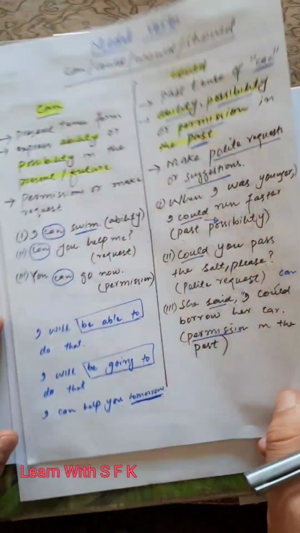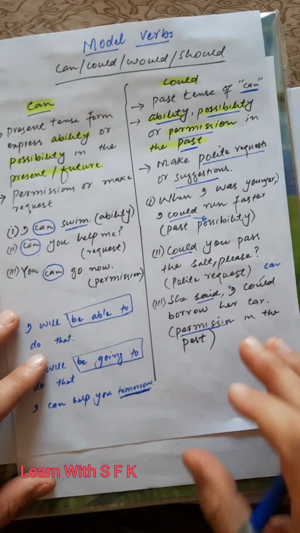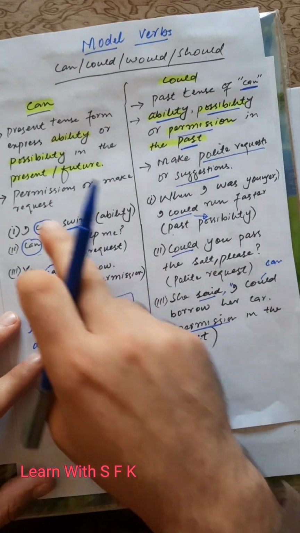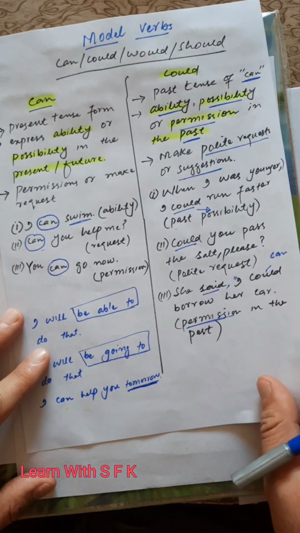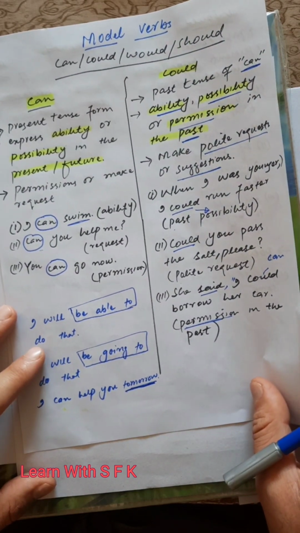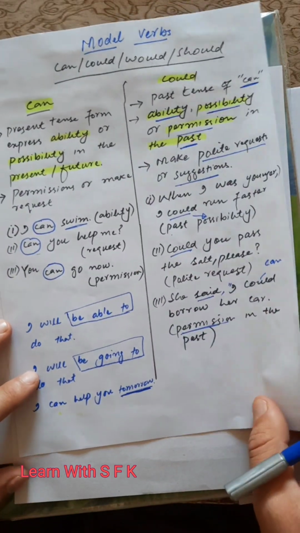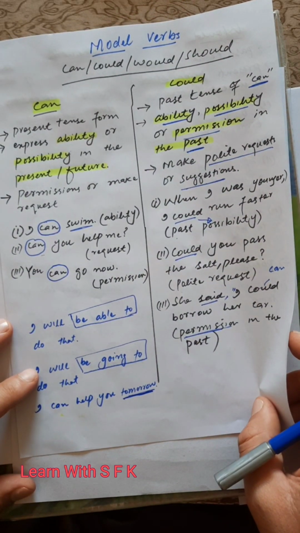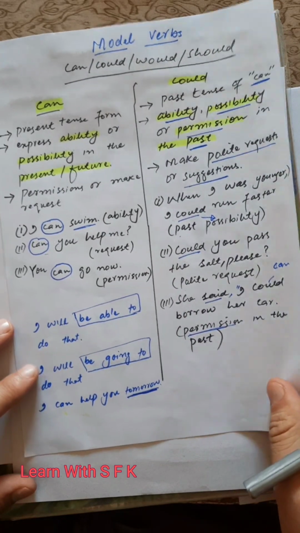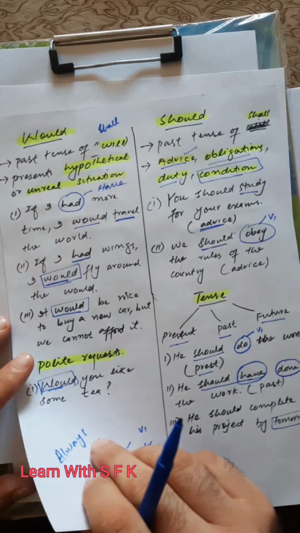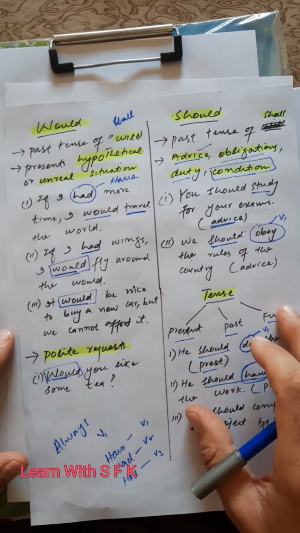We saw that can is used for ability and possibility in the present or in the future, and we can also make requests or give permissions by using the word can. And we also saw that we can use could for ability, possibility, or permissions, but we have to use it in the past tense or in the sense of past tense when we ask something in the sense of past tense.